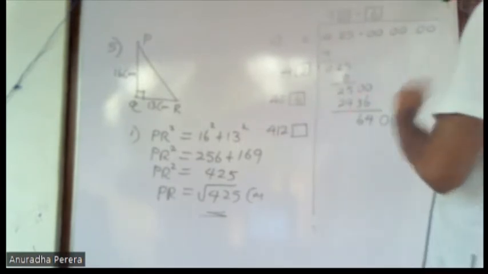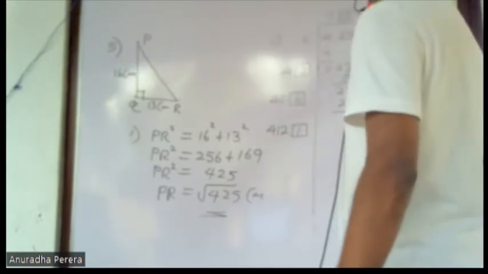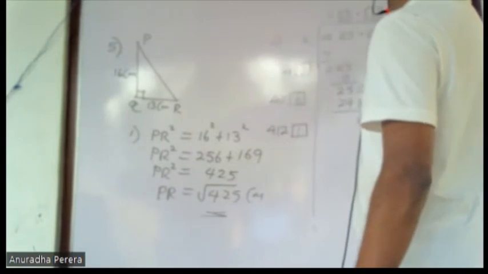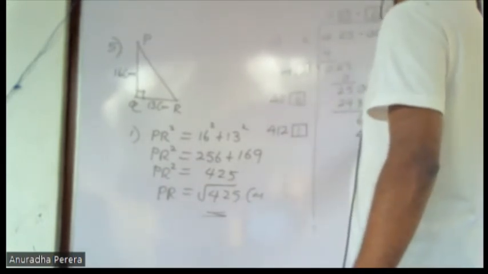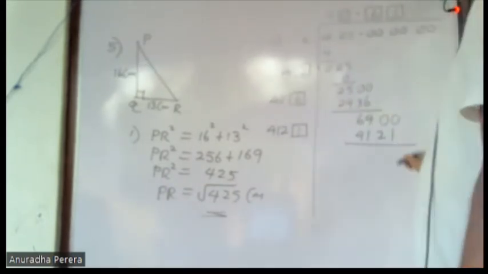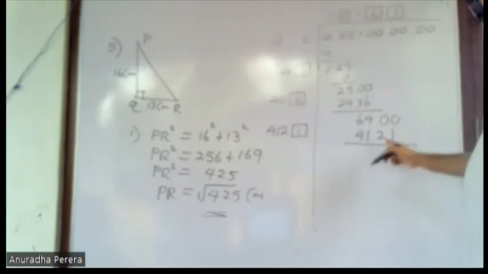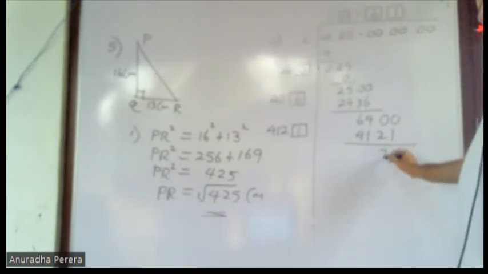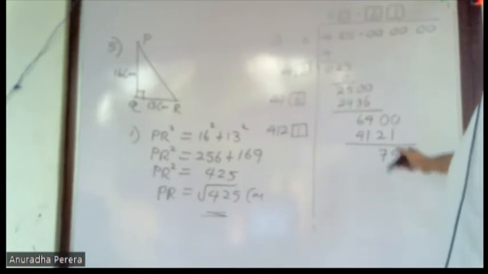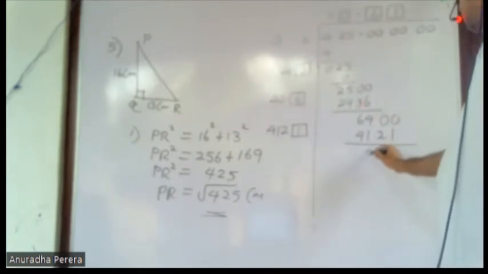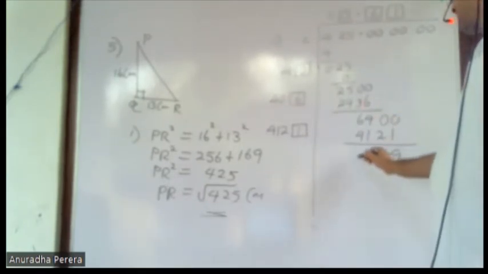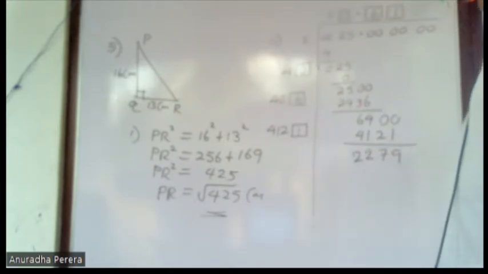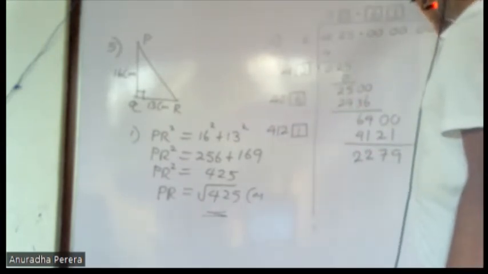The value is 1. Yes, 1. 4121. Subtract 9. 7 minus 9, borrow, 7. 3 minus 1, 2. Next pair.